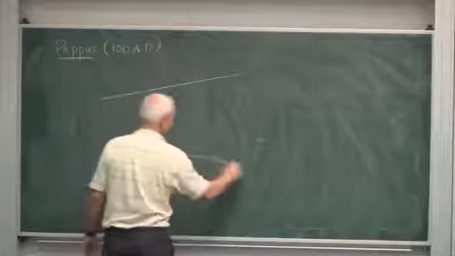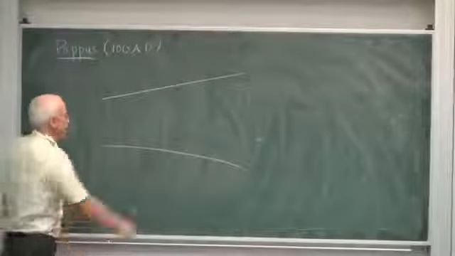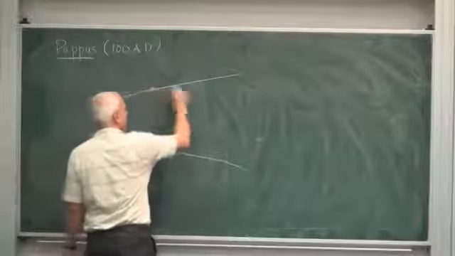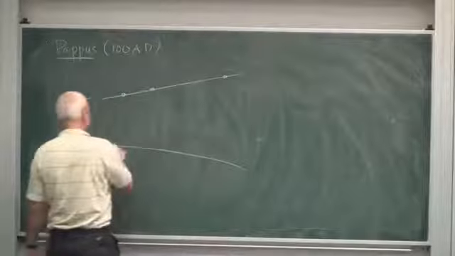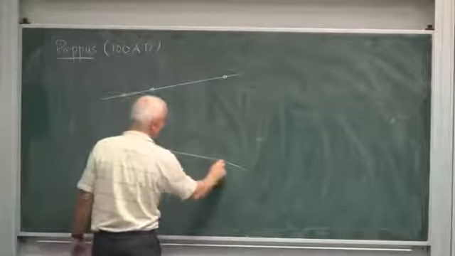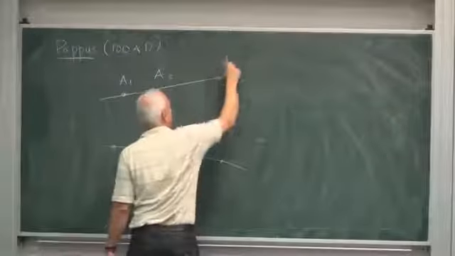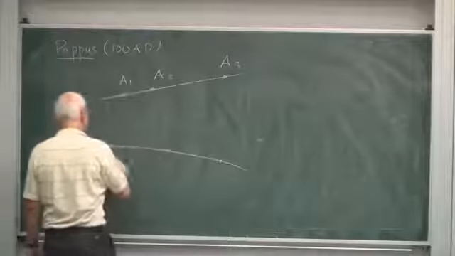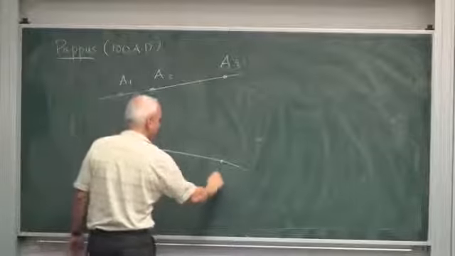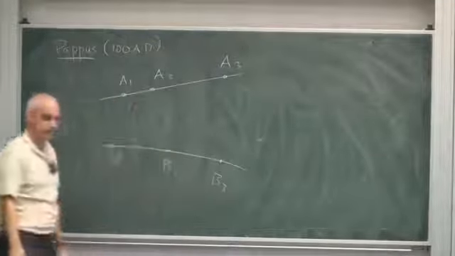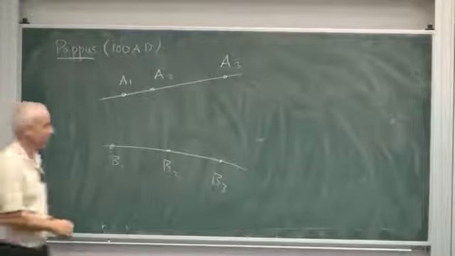You have two lines, and you have 3 points on one line, and 3 points on the other line. And let's call them A1, A2, and A3. And B1, B2, and B3.